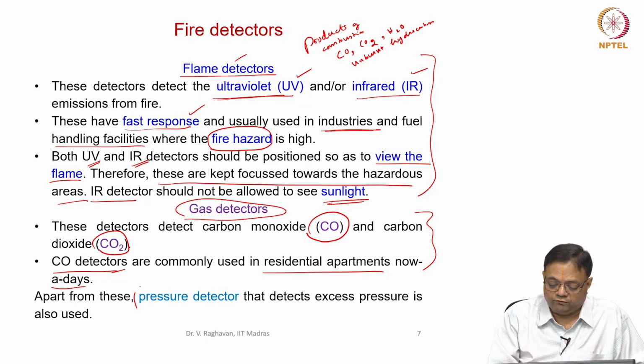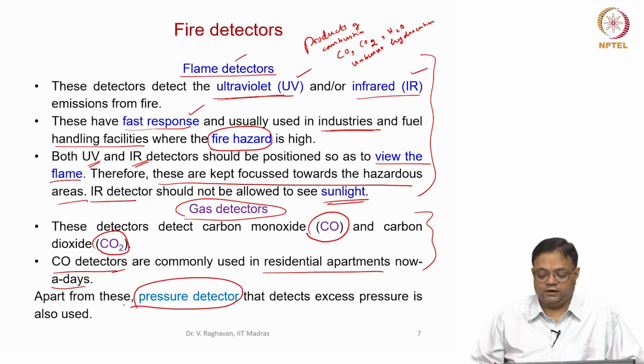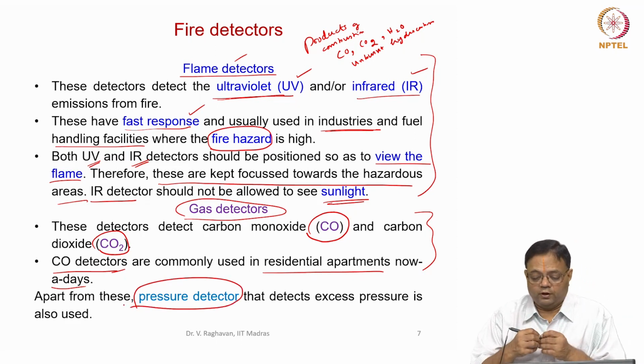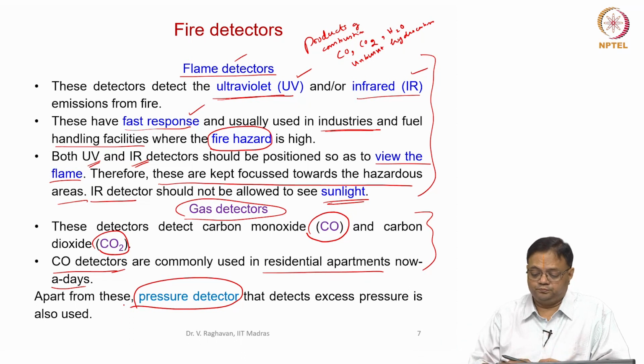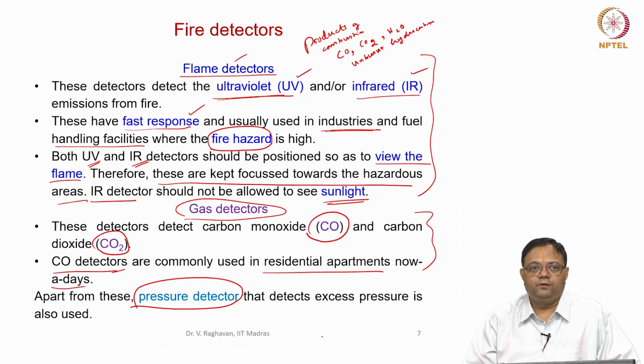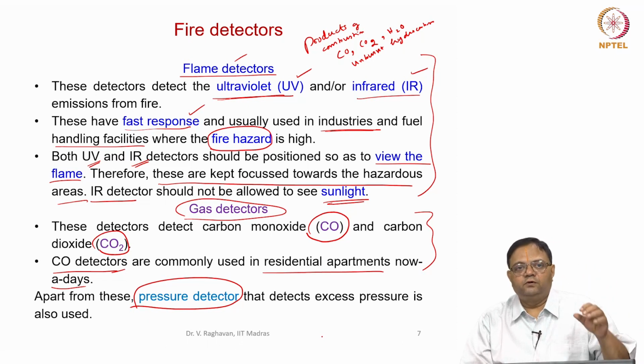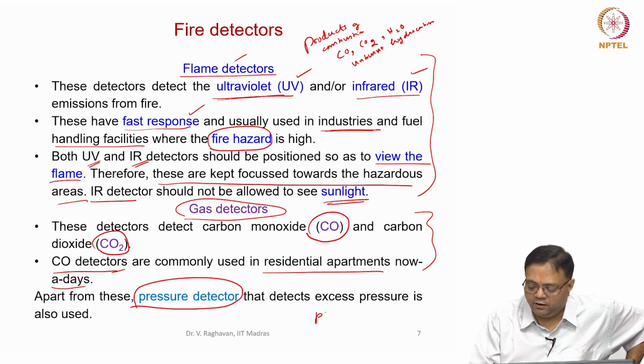Now apart from these detectors, we also can use pressure detectors. In a compartment, due to a fire, pressure can increase. As I told you, atmospheric pressure is 101,325 pascals or Newton per meter square.